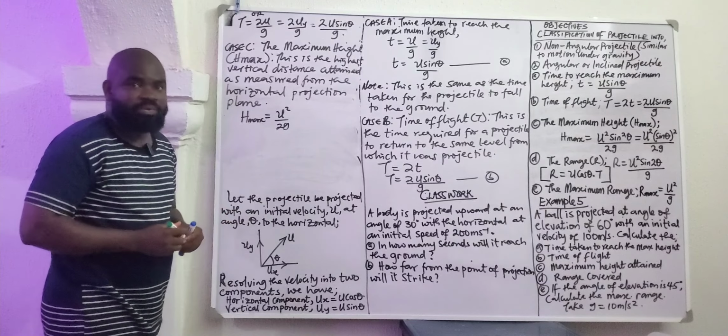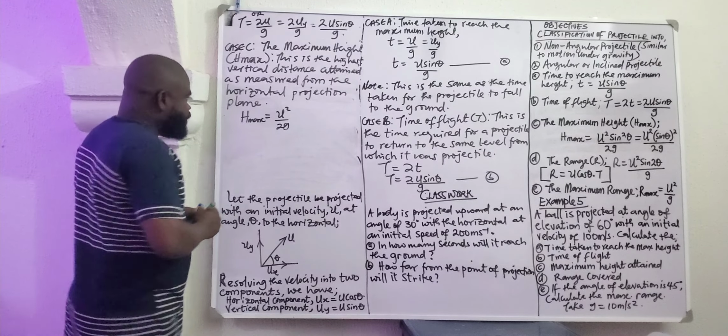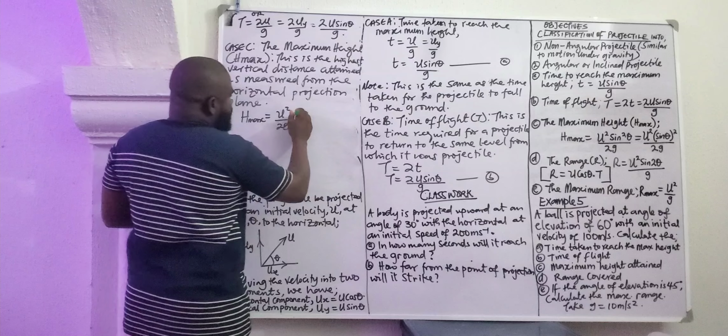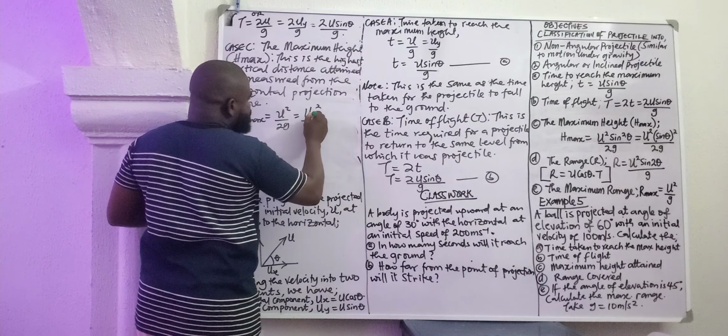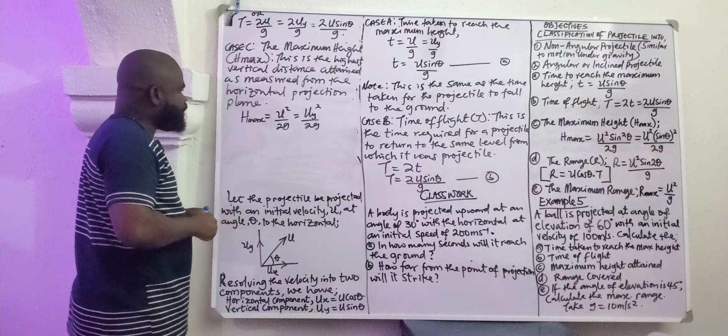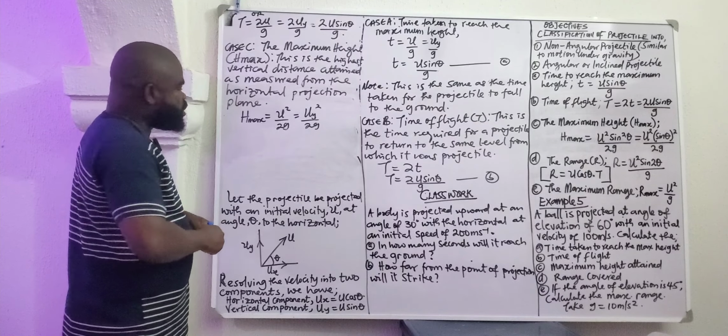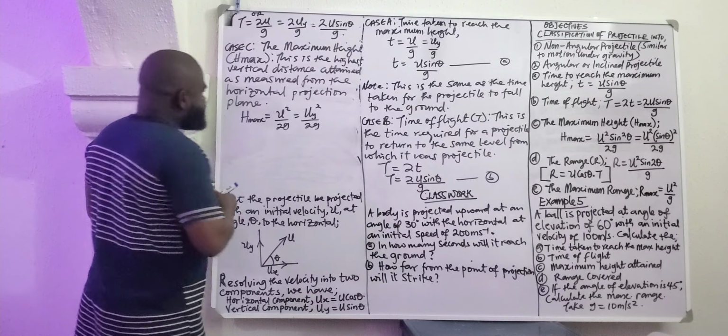That's for the non-angular projectile. Now, this u is actually uy square over 2g. Now, we will replace this uy with u sine theta.